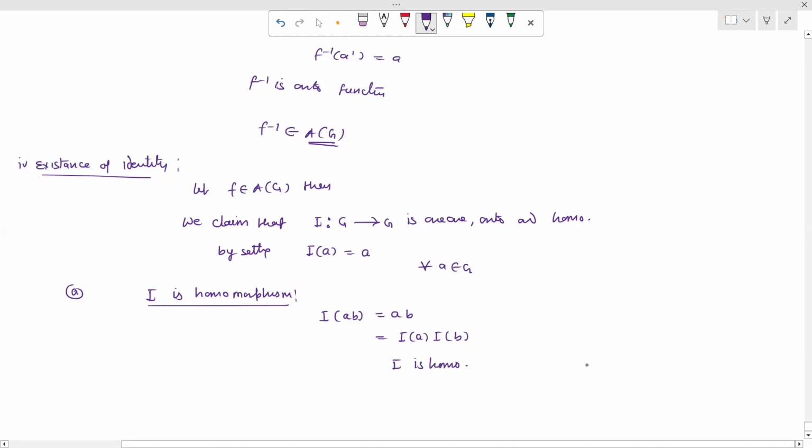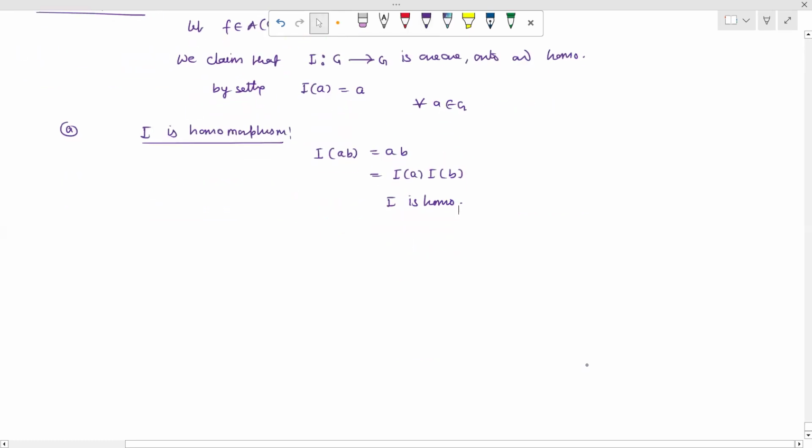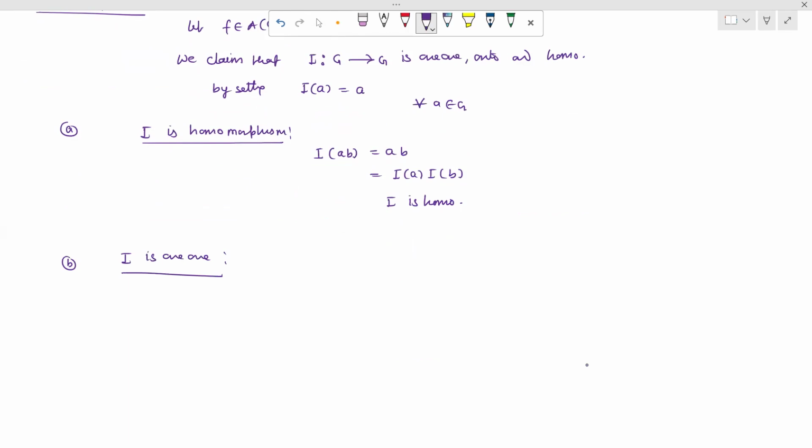Now to prove that I is 1-1, we write I of A equal to I of B. I of A means A equal to B. So directly we can say that I is 1-1.